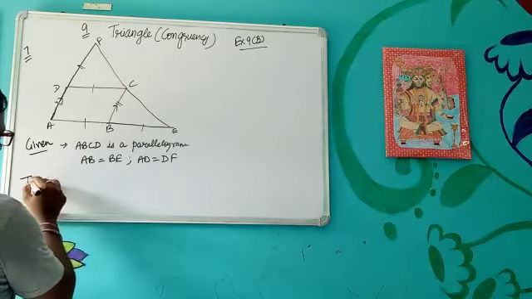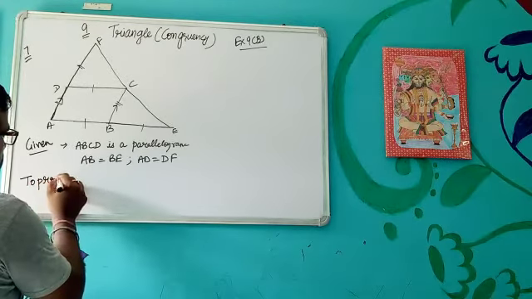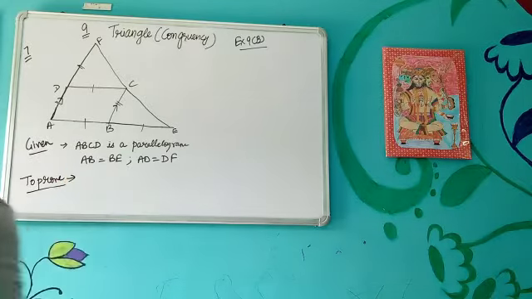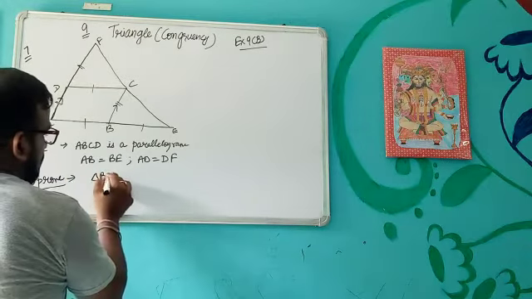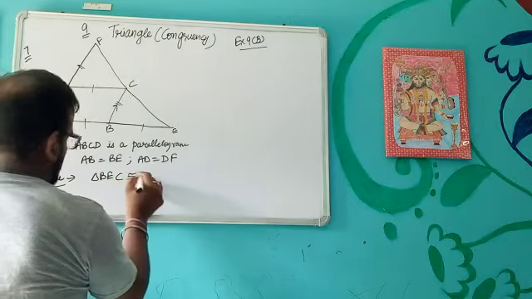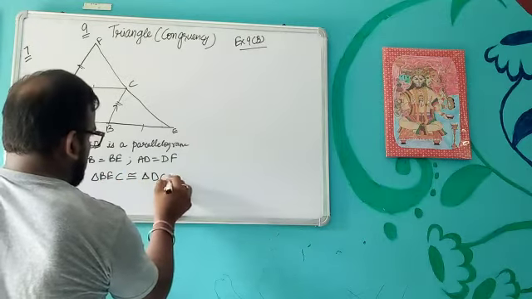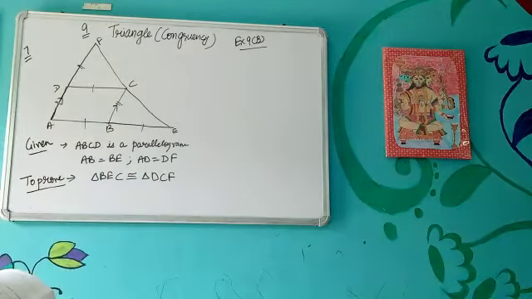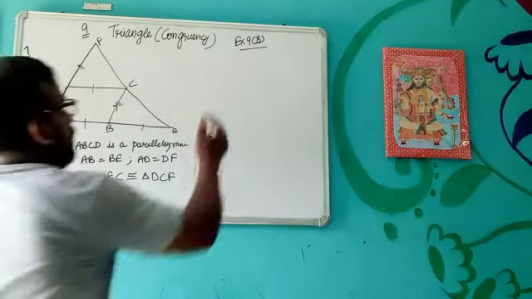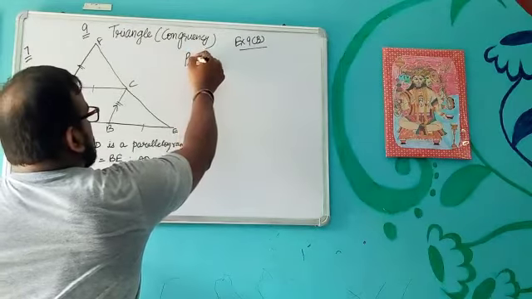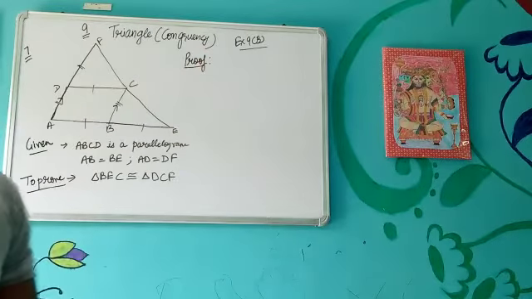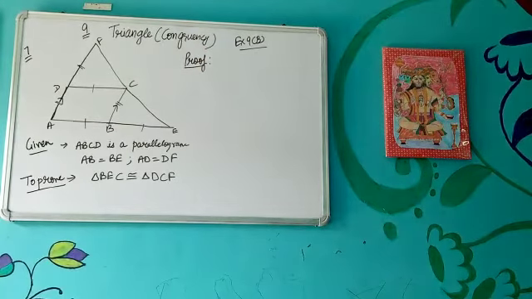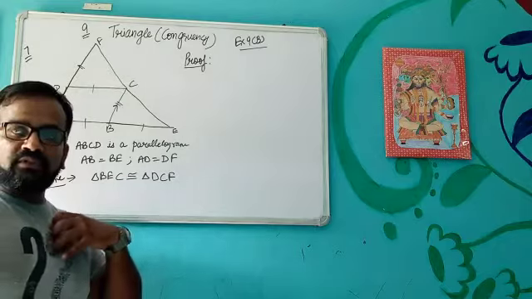Now what we have to prove in this? We have to prove triangle BEC is congruent to triangle DCF. Now let's start the proof of this. So for proving these two triangles as congruent, let's analyze the problem first.